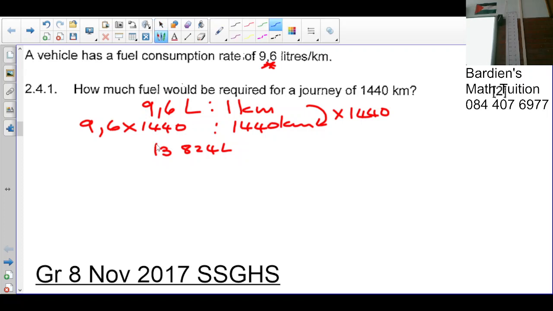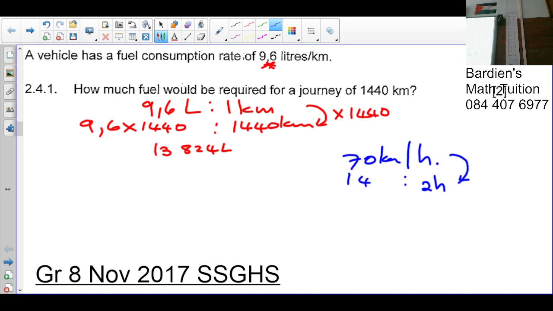You see, if you're doing a speed of 70 kilometers per hour, okay, what distance would you cover? That is the speed, no? So what distance would you cover in 2 hours? So how do we get from 1 to 2? You times by 2.